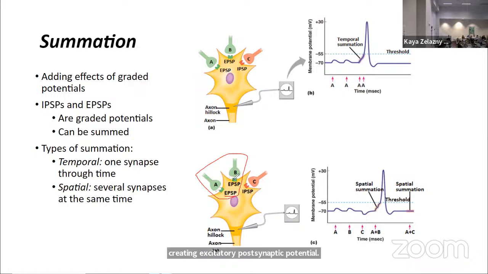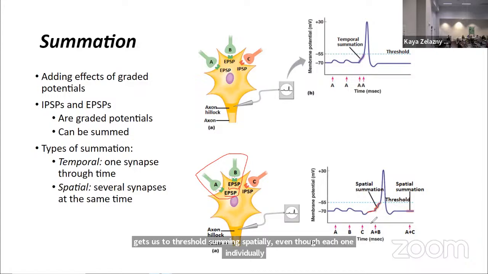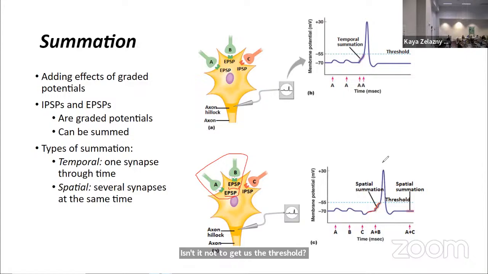And we have neurotransmitter coming in over here, more excitatory postsynaptic potential. So we'd add them together. And we can see that when both A and B fire at the same time, that gets us to threshold summing spatially, even though each one individually isn't enough to get us to threshold. So we can see that when A and B fire, we get an action potential.